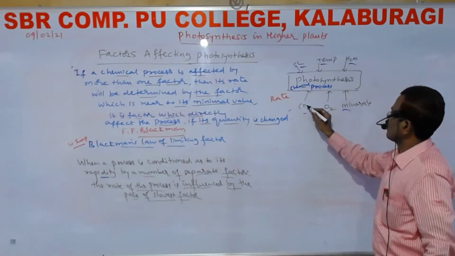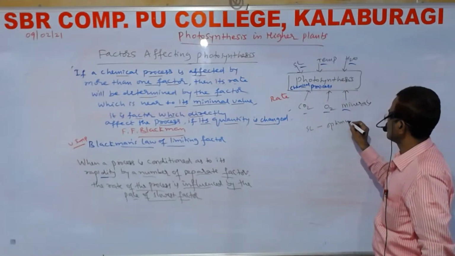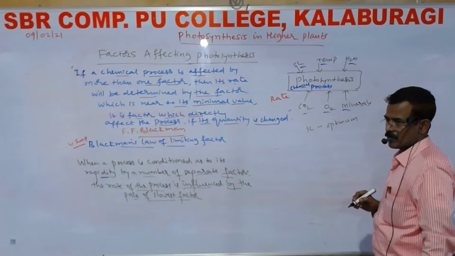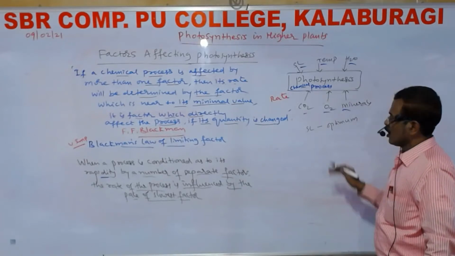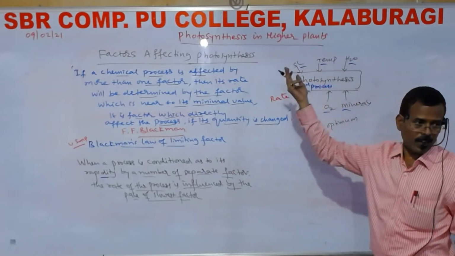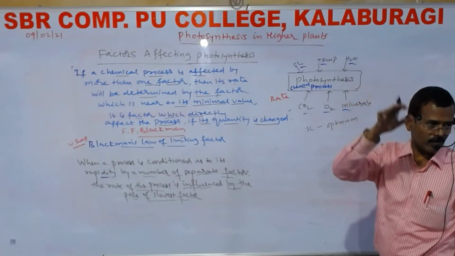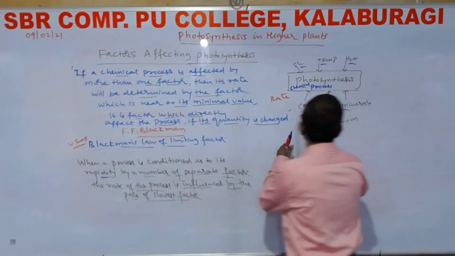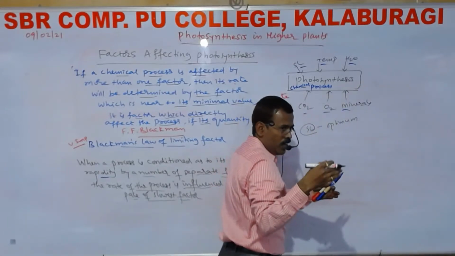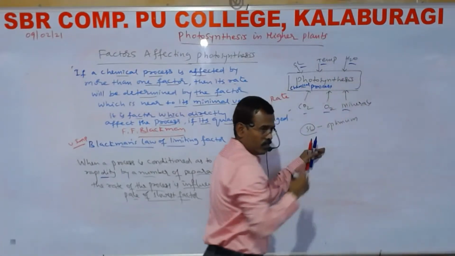Suppose light is optimum and other factors are available in maximum, the rate of the process will not be maximum, because this factor is comparatively present in small amount with respect to other factors.